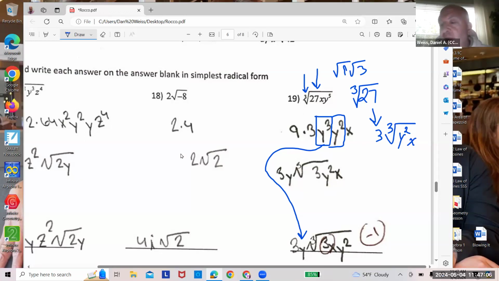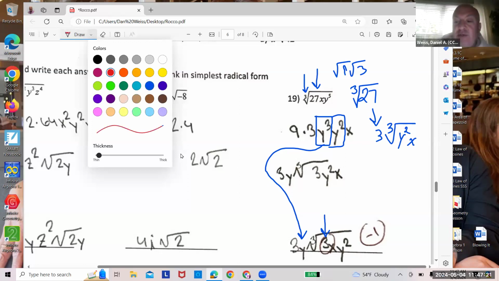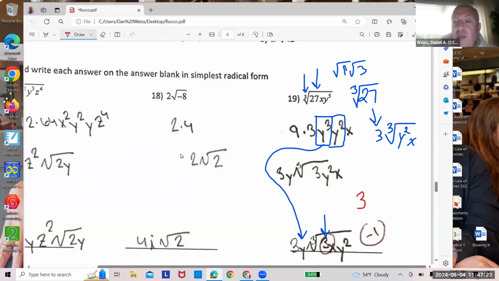Sorry, x and y. It doesn't matter which order, but you just had this 3 because you treated it like square root instead of cube root. Okay, so your answer should be 3y cube root of xy squared. Okay, so she only took off a point for that, but that's okay.